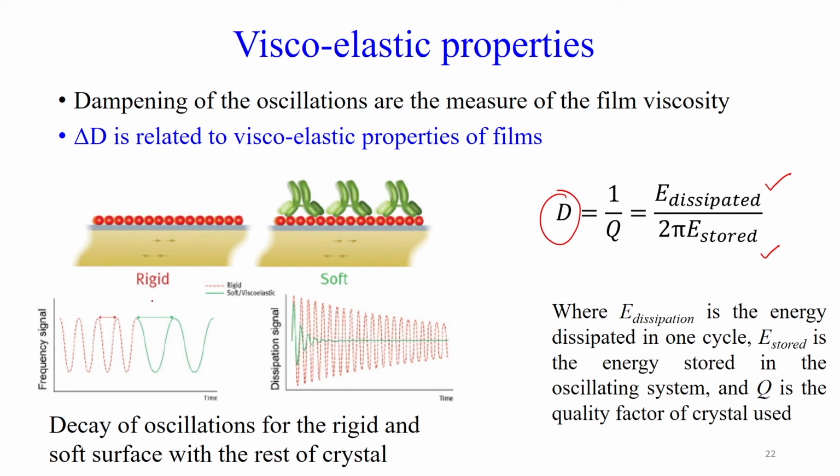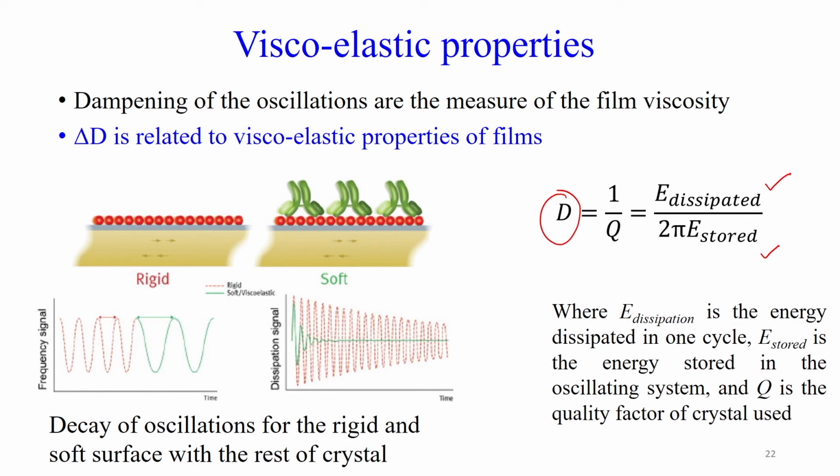In case of a rigid layer, the decay of the oscillation is different as compared to a soft layer. So, the decay of oscillation of the rigid and soft surface decides the value of the dissipation factor. We can say this is a rigid layer and this is a soft layer, so the change in the frequency, or the decay of oscillations, will be different.